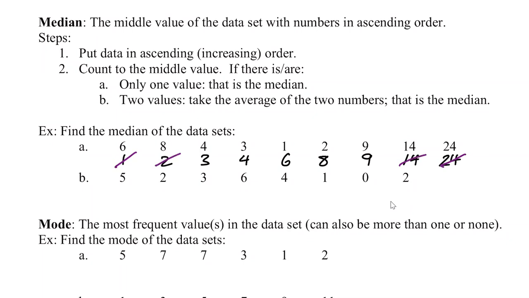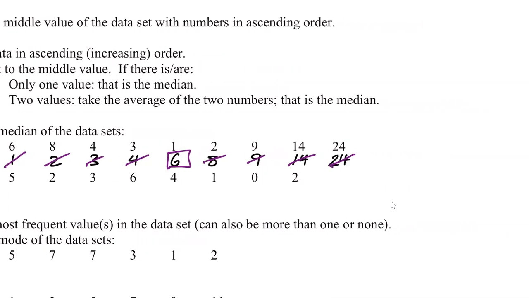I'm working my way counting to the middle. The 3 and the 9, the 4 and the 8, and that's going to leave me with the 6. So that would be my median. As far as notation is concerned, the notation for median is just MED. So we would say MED equals 6.